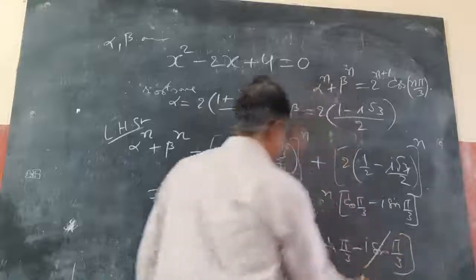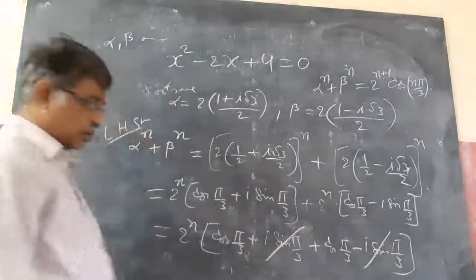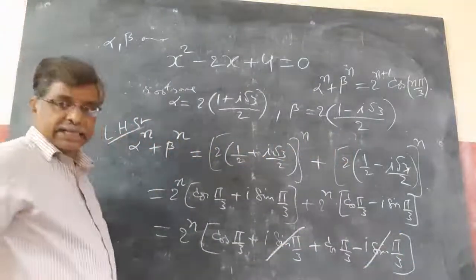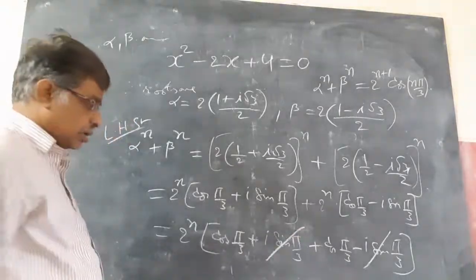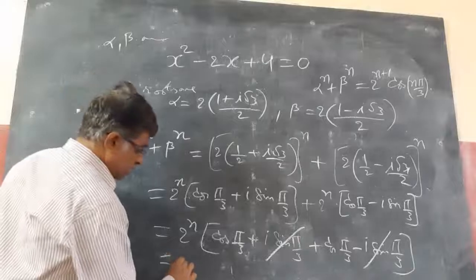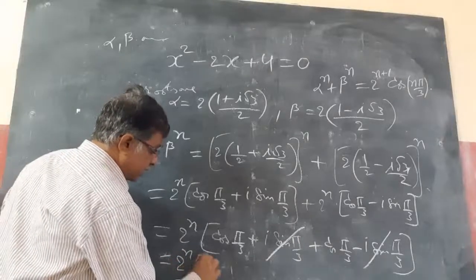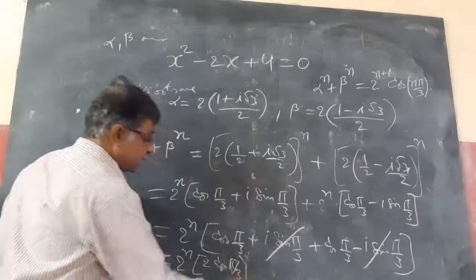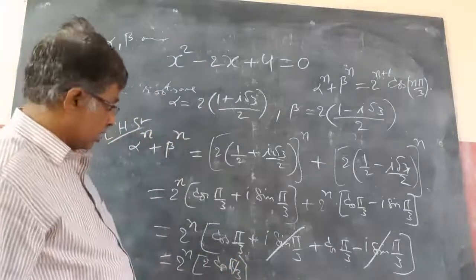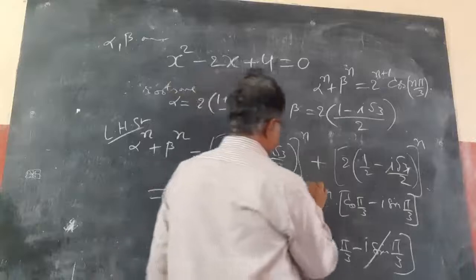The i sin cancels, cos pi by 3 plus cos pi by 3 is 2 cos pi by 3. So this is equal to 2 power n into 2 cos pi by 3, sorry, whole power n I forgot to write.